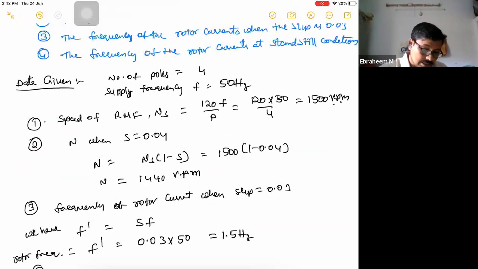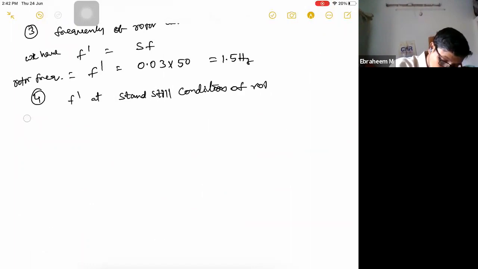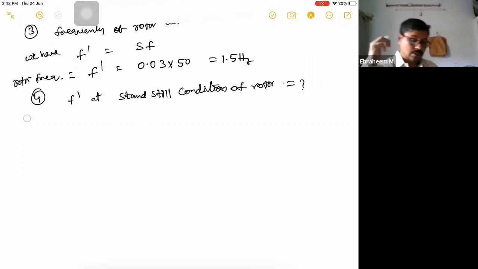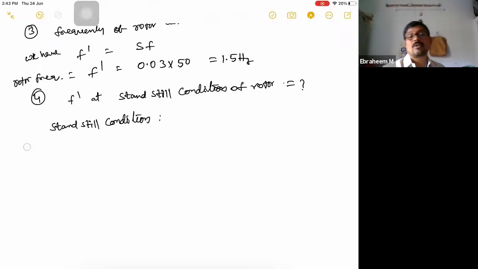Fourth one, frequency of the rotor currents at standstill condition. f dash at standstill condition of rotor. First of all, what is the standstill condition?